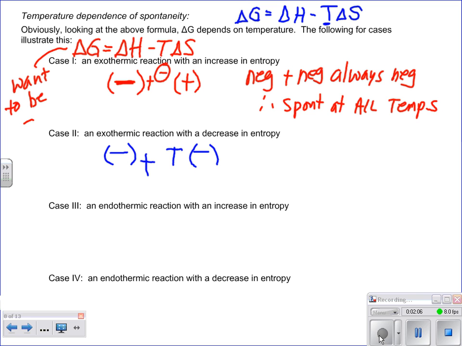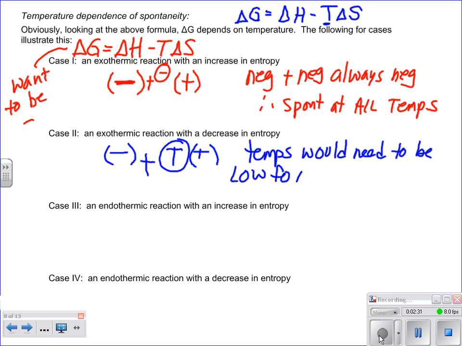If you have a negative plus a positive, and here's your temperature right here, then your temperature would need to be low for delta G to be negative.